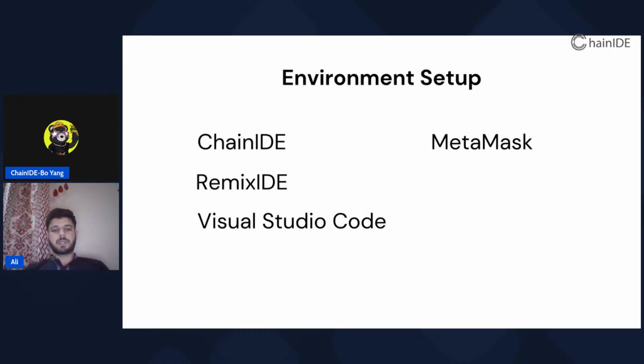So, environment setup. If you want to create a Web3 application or a D app, what things do you need to have, and how can you code the Solidity programming language or a D app? You can use Chain IDE, which is the world's most commonly used IDE, being used in more than 185 countries.